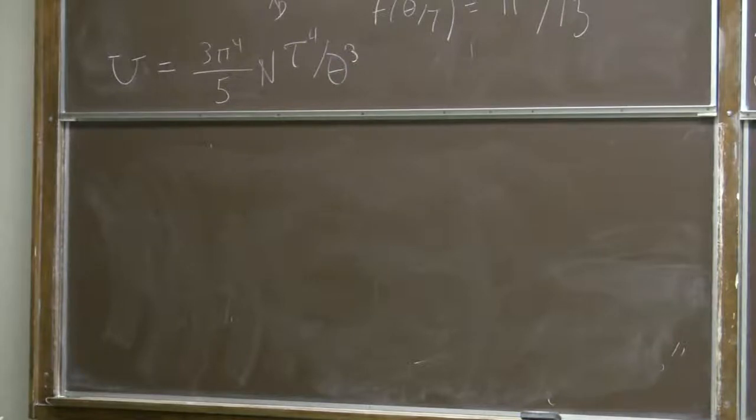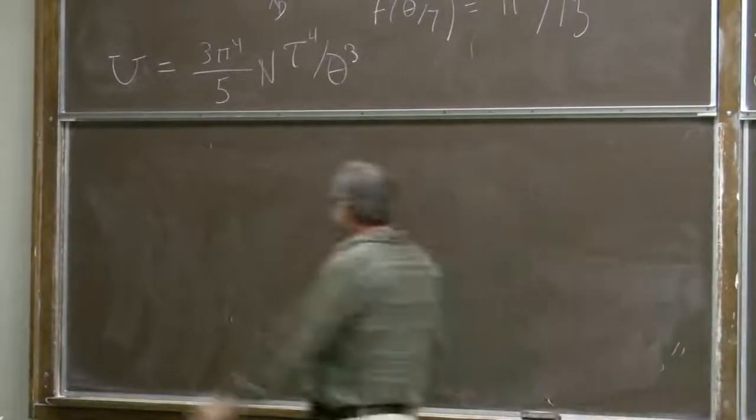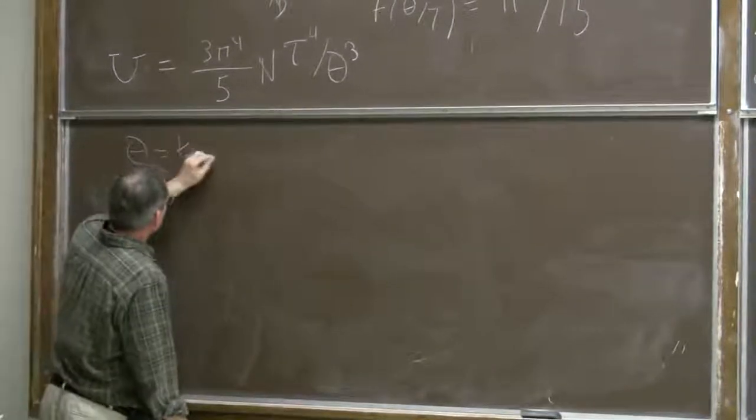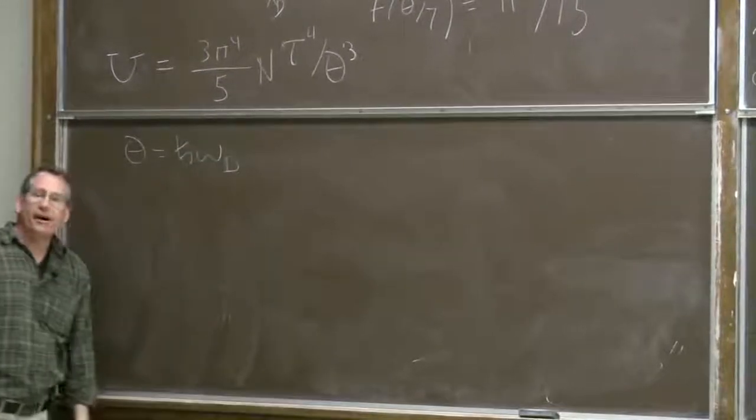We get the energy going like tau to the fourth, just like the case where we summed over an infinite number of modes. Why did that happen? Well, theta is just h bar omega Debye, right?